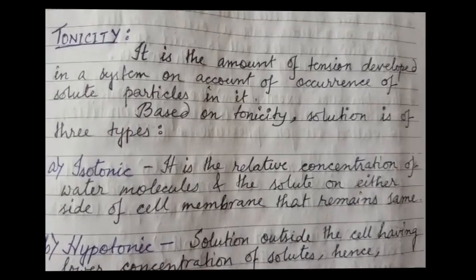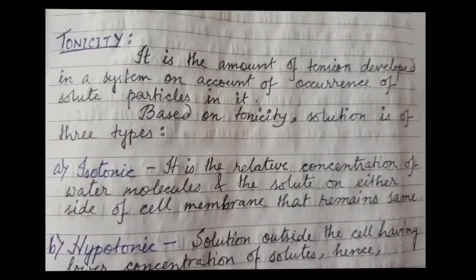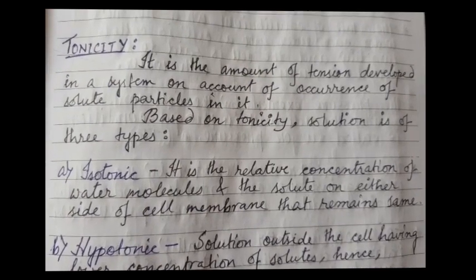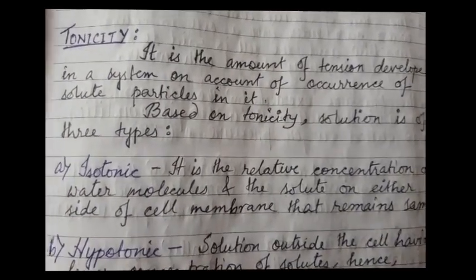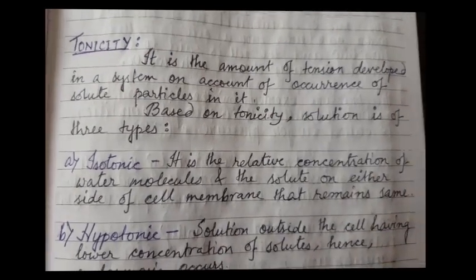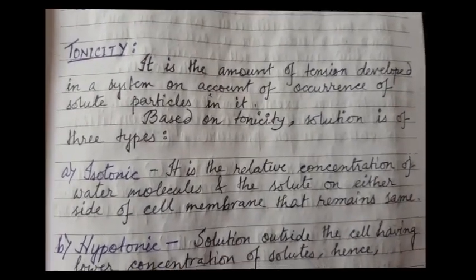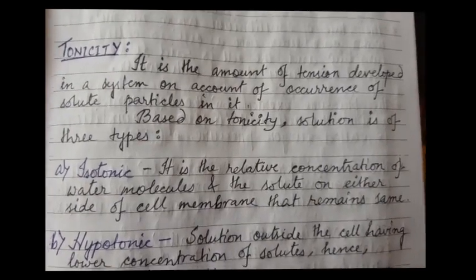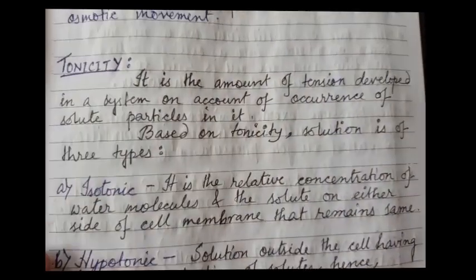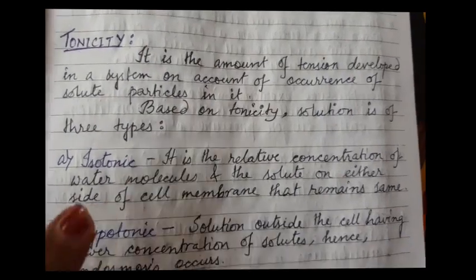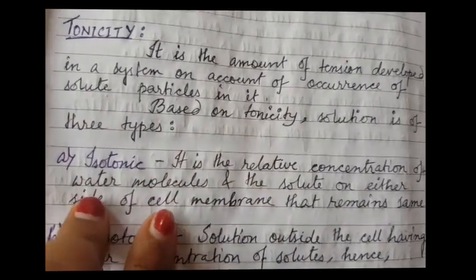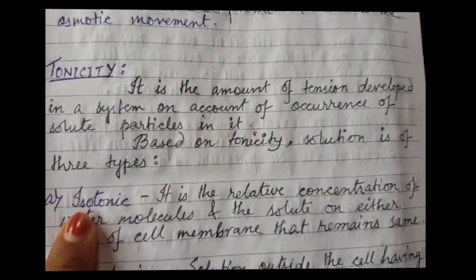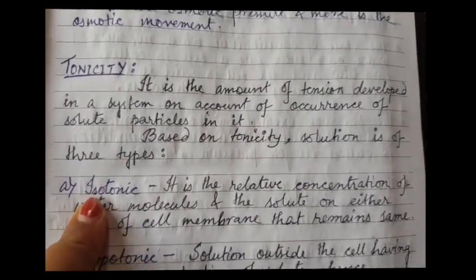It is where the relative concentration of water molecules and the solute on either side of the cell membrane remains the same. Now, what I said is that a tension is developed in a system, so there should be some separation or two mediums should be there. When the concentration of both of them is the same, we call it isotonic, as iso means the same.